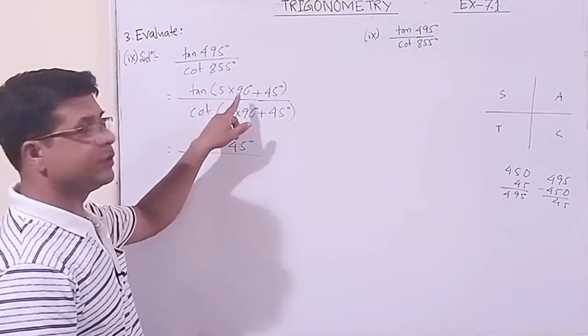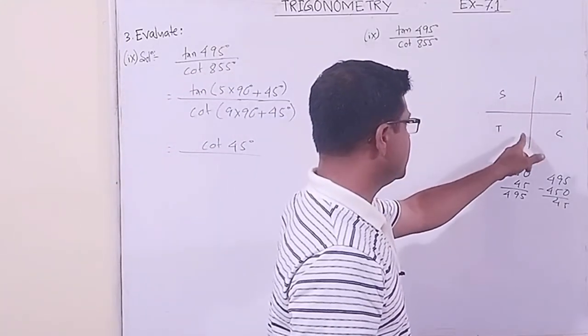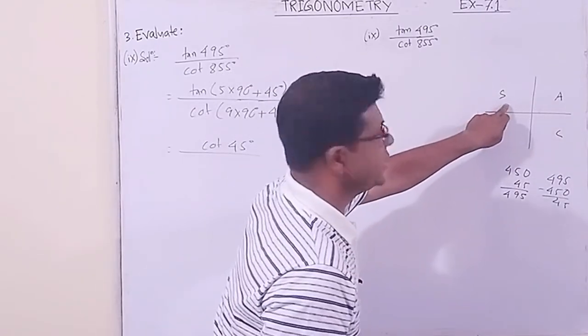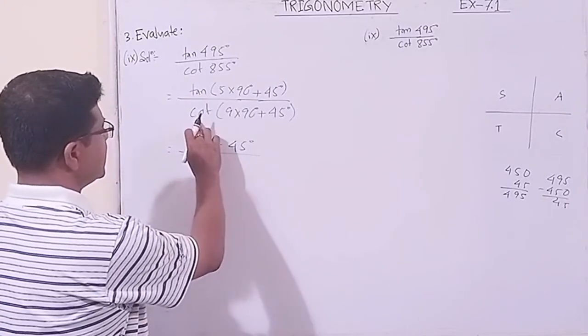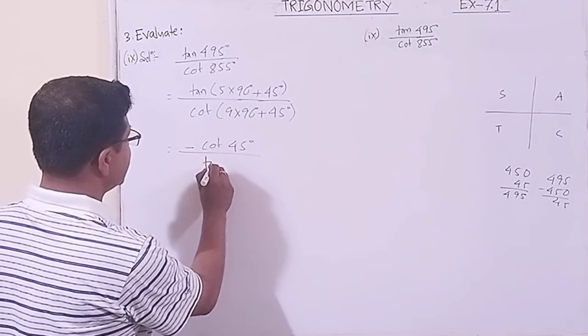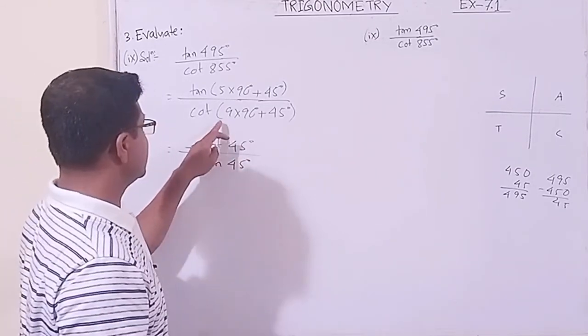This is about the sign. This is in which quadrant? 5 plus 1, 6. 6th quadrant. 1, 2, 3, 4, 5, 6. Here tan is negative. Minus sign. Then cot is again odd multiple of 90 degree, so cot is converted to tan 45 degree. This is in which quadrant?